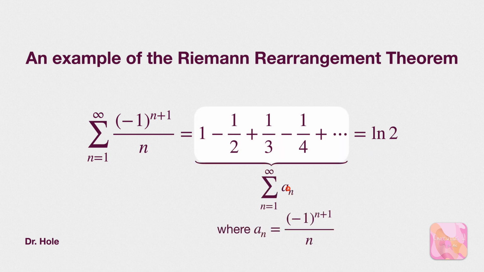So we're going to let the alternating harmonic series be given as the sum of ANs, where ANs are (-1) raised to the n plus 1 over n. Okay, so the ANs correspond with the alternating harmonic series. Good. Let's play around.